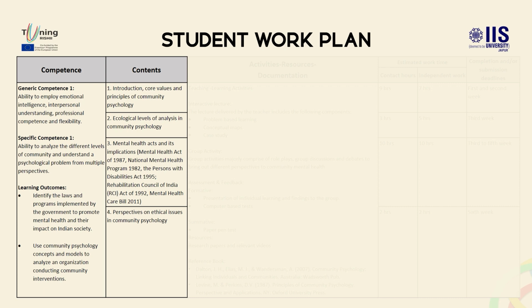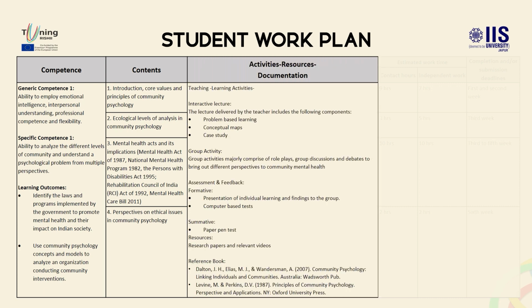A description of the activities to be carried out both inside and outside of the classroom to cover the content of the themes connected to the competencies, including the nature of the activities and resources for the same, is also stated in this plan.